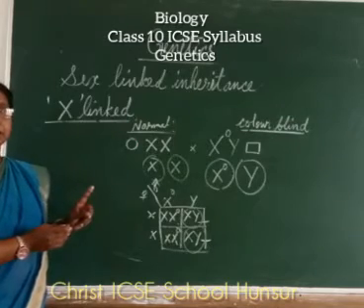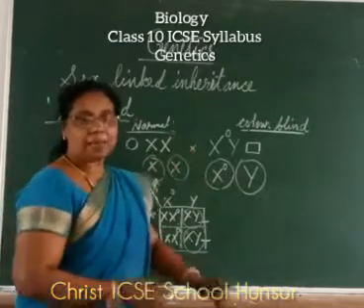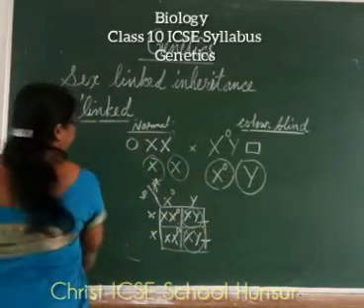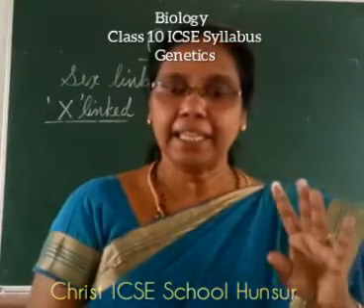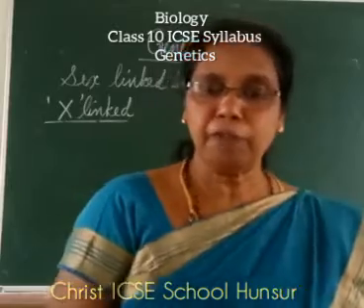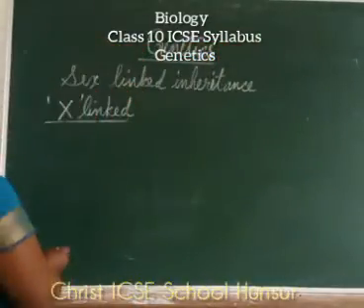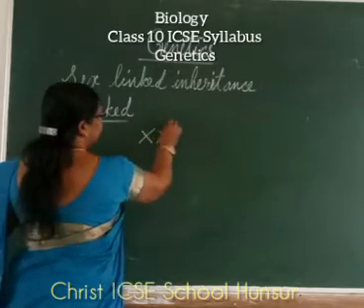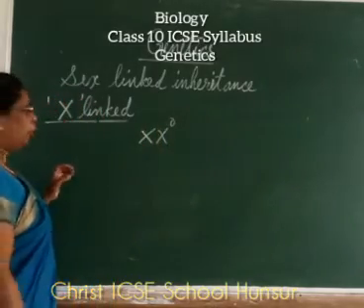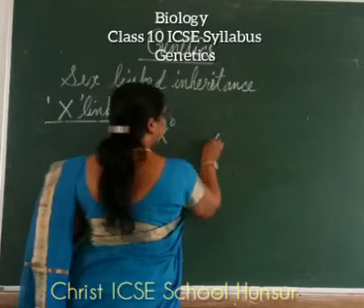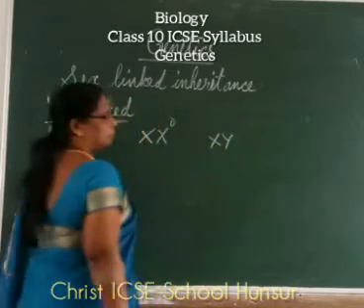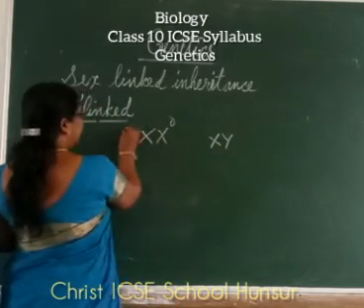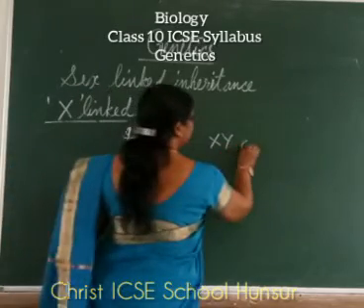Got it? Okay. Now another example with the same thing we can see. One we can see, carrier mother with normal father. Carrier mother, how will we show? X, X, carrier mother. Normal father, X, Y. Okay, this is female, this is male.